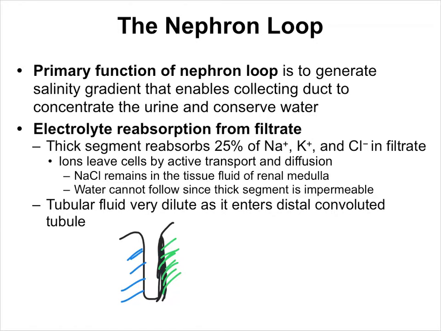And this stuff that's being kicked out here is primarily going to be sodium, potassium, and chloride. They're actually leaving by both. So while water leaves only by passive diffusion, these salts are leaving by both active transport and diffusion.